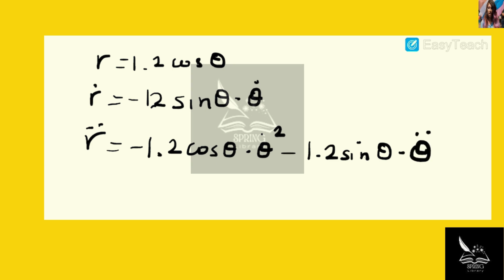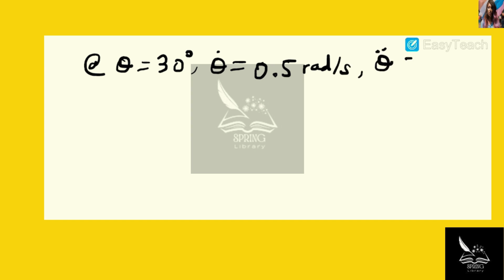At the instant of concern, we know that at theta equal to 30 degrees, theta dot is equal to a constant 0.5 radians per second, and theta double dot is equal to 0.